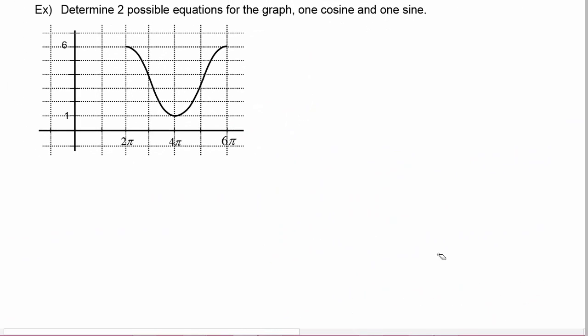So in this next example, we have to again determine two possible equations for the graph, one cosine and one sine.